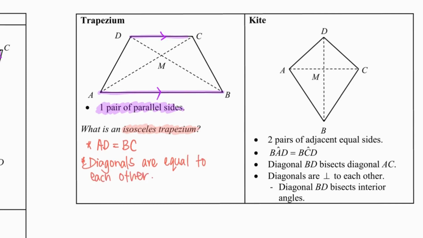Okay, only for an isosceles trapezium. Alright, meaning if I'm going to use the top here, then BD is equal to CA.